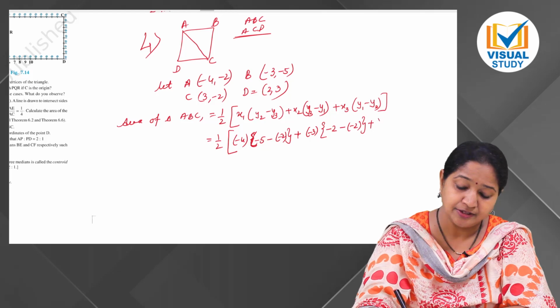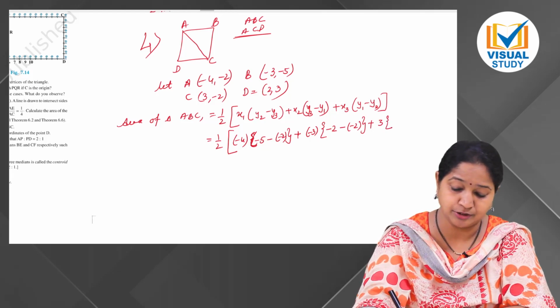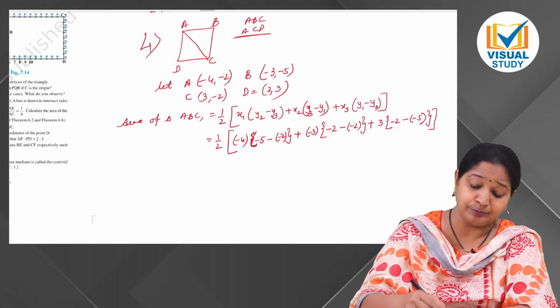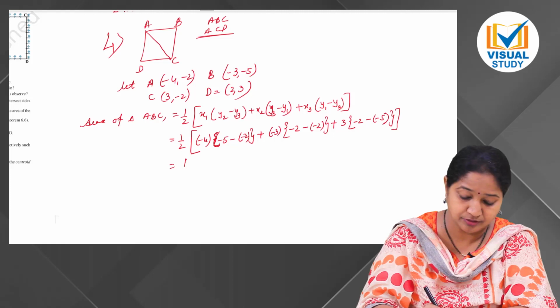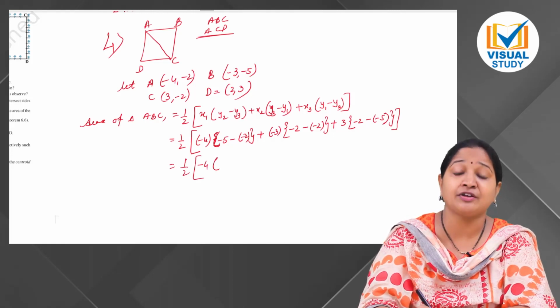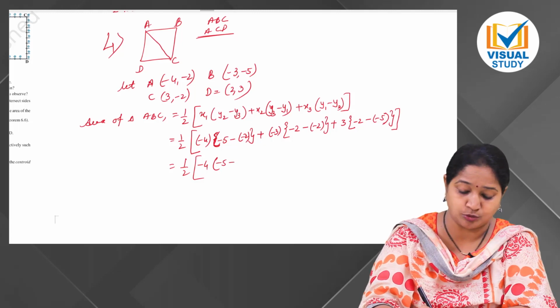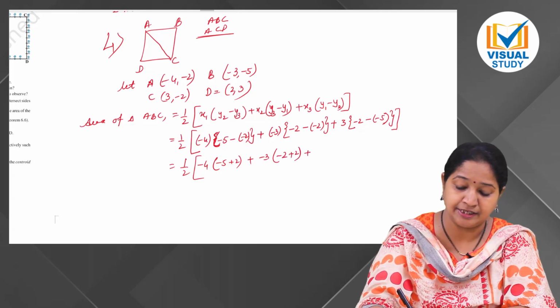That is 3, and y1 is -2 minus y2, minus of -5. Really, please be careful while writing the sum.